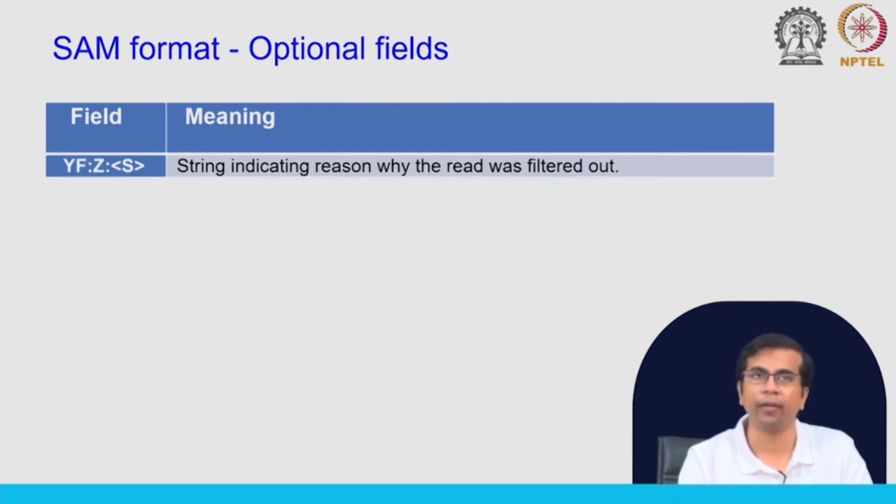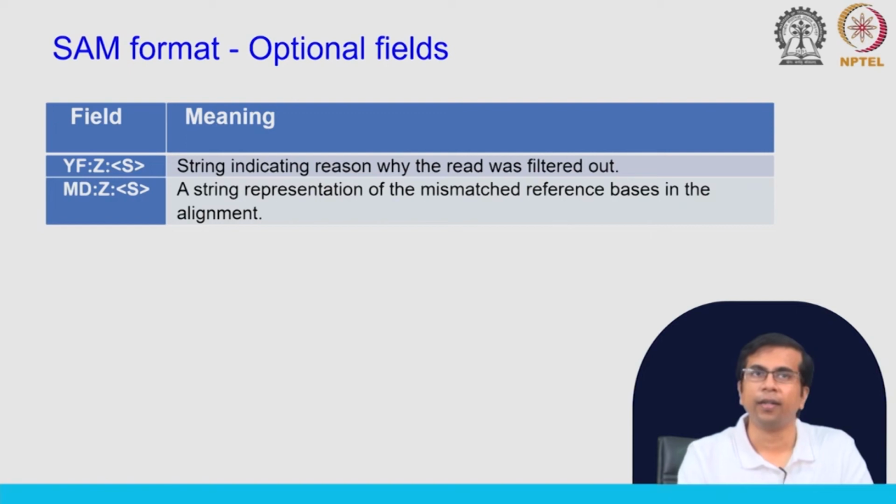Then you have something called YF:Z. So, if there is some sort of filtering, it might indicate why a read was filtered out. You may not see this if the read is present. Then you have something called MD:Z. I should comment on this Z: whenever you see Z in the second type field, it means there will be a string in the value.